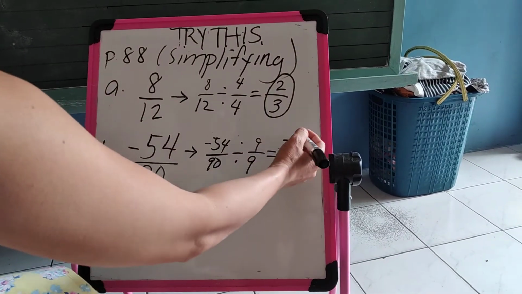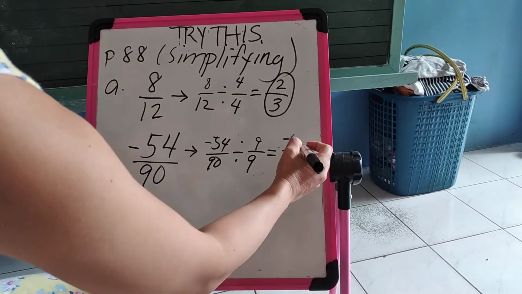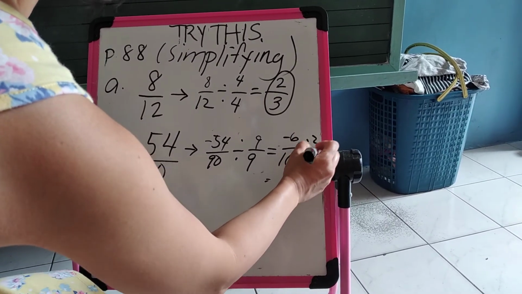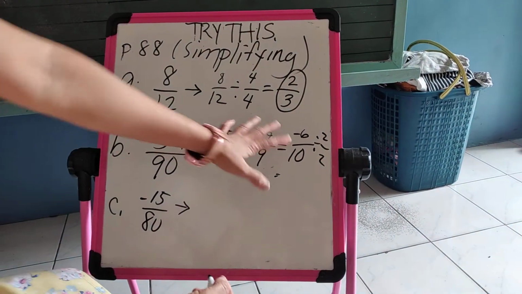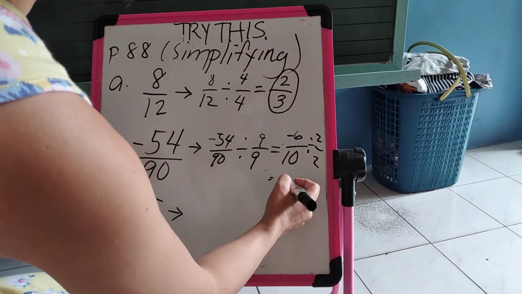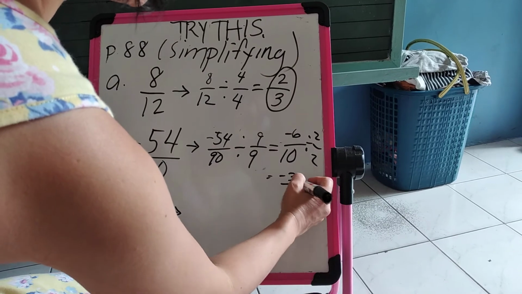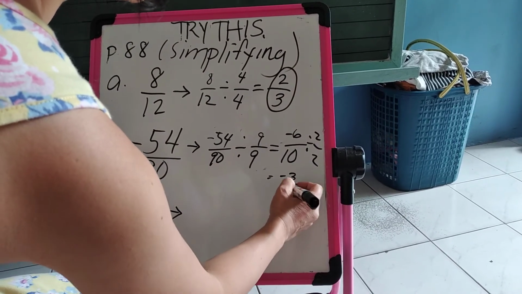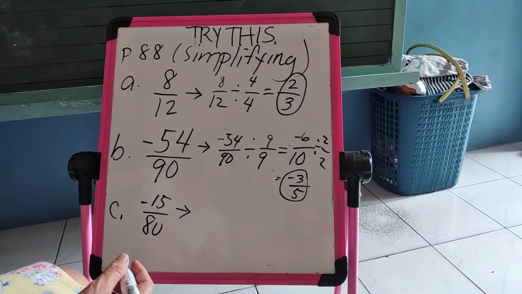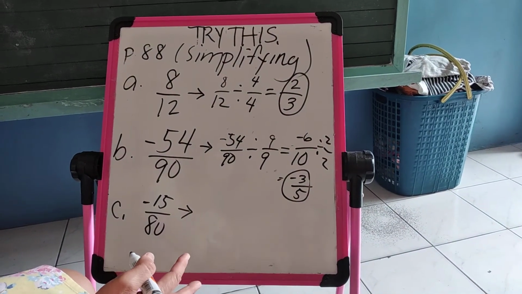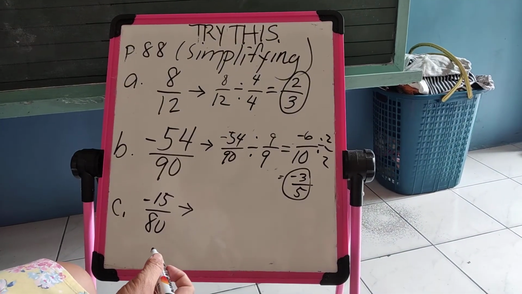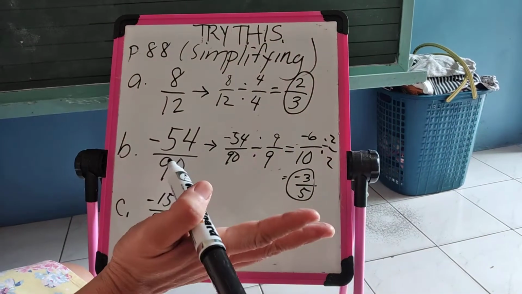So divide by 2 this time, both up and down. See, that's what happens if you did not use the GCF. So negative 6 divided by 2 is negative 3, and 10 divided by 2 will give you 5. So the final and simplest answer is negative 3/5.